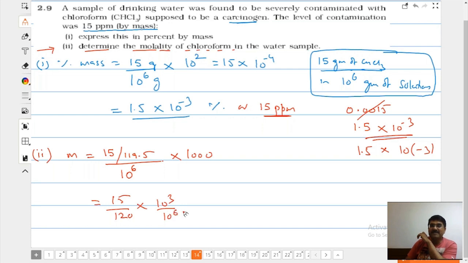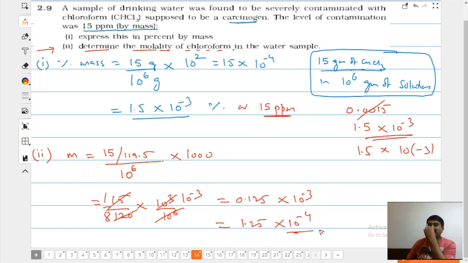This is 10 raised to power 6, so this is 10 raised to power minus 3. You know, this is 1 by 8. 1 by 8 is 0.125 into 10 raised to power minus 3. So 1.25 into 10 raised to power minus 4 is going to be your answer. Perfectly done. That's very good, excellent.